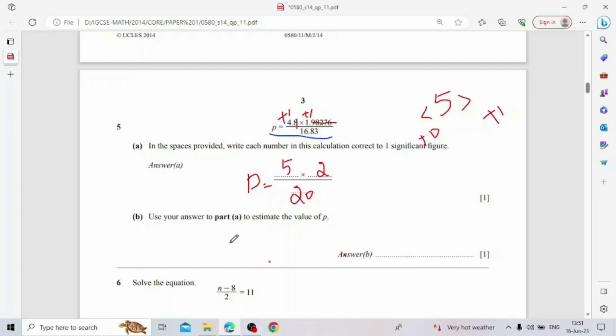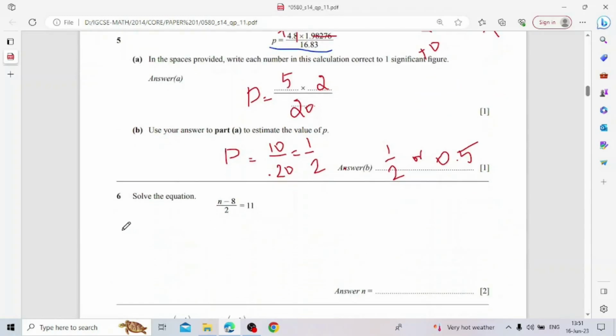P is equal to 5 times 2, which is 10 over 20. So that's exactly 1 over 2. You can use your calculators. This is the simplest form, either 1 over 2 or you can also write 0.5. Done.